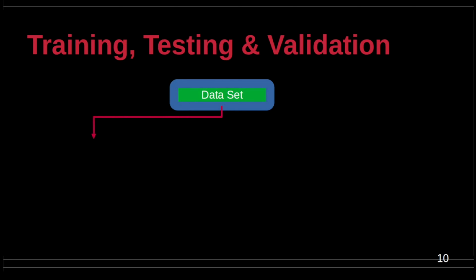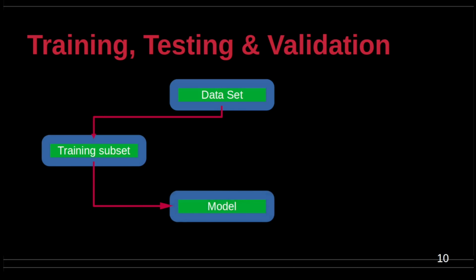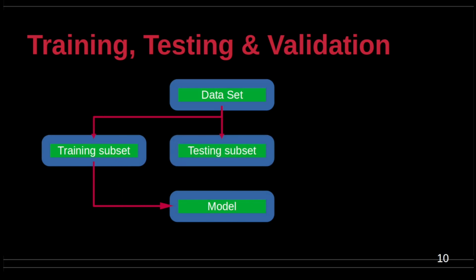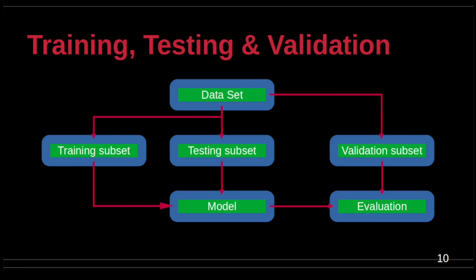Before we dive into running the evaluations with select models, let us take a quick look at the process workflow to prepare a working model. We prepare a dataset by cleaning, pre-processing, and splitting into 3 subsets: training, testing, and validation.